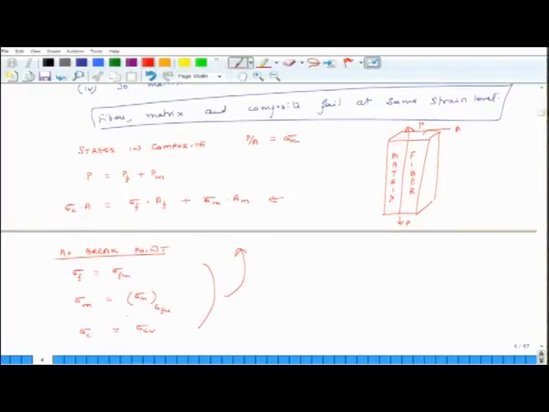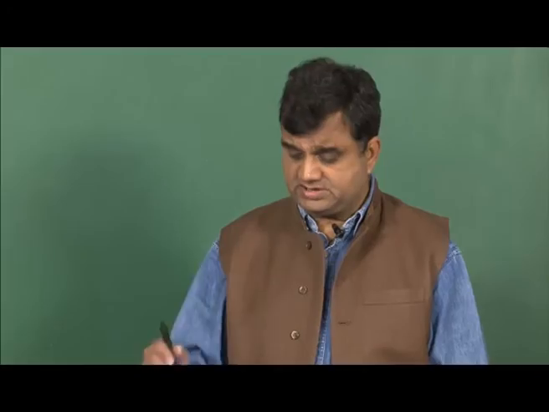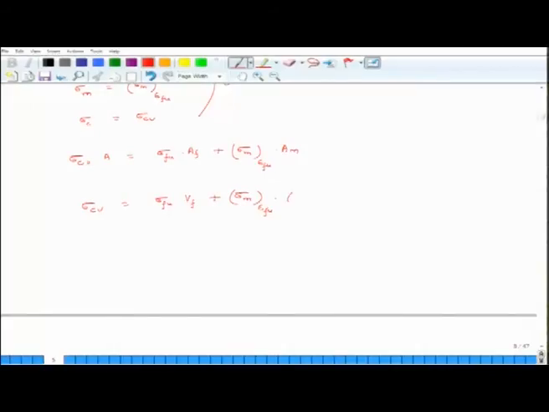AM is the cross sectional area of the matrix, and AF is cross sectional area of fiber. So, I get sigma Cu is equal to sigma Fu Vf plus sigma M at epsilon Fu, breaking strain of the fiber, times Vm. But Vm is what? If there is no air in the system, if there are no voids, then Vm is nothing but 1 minus Vf.